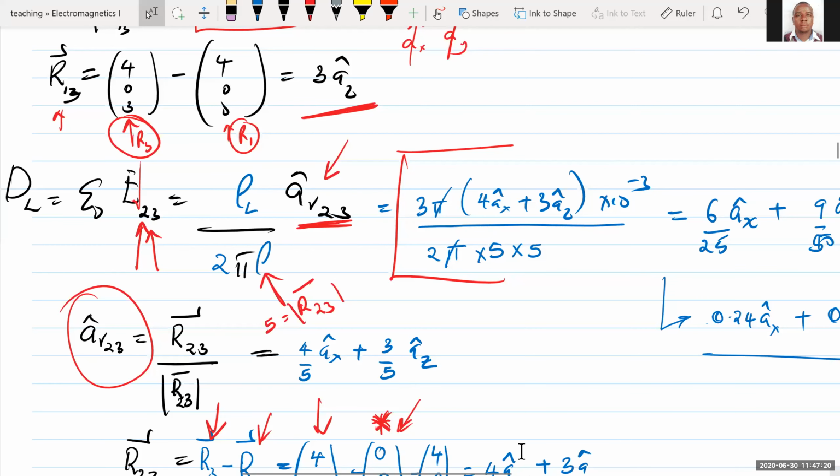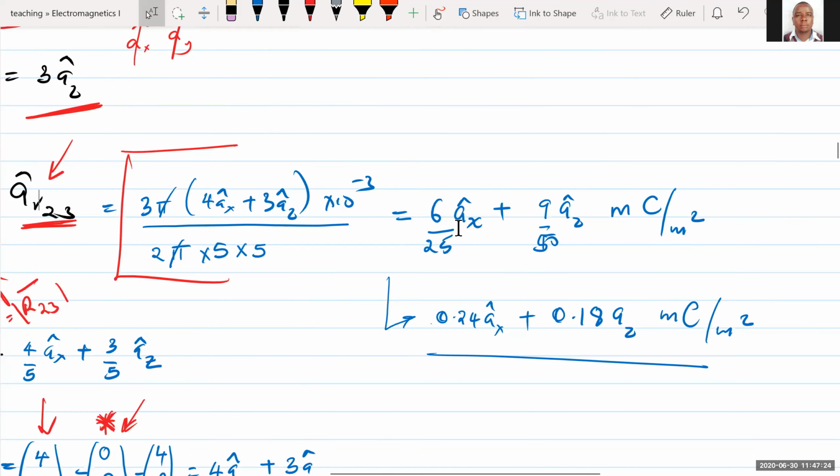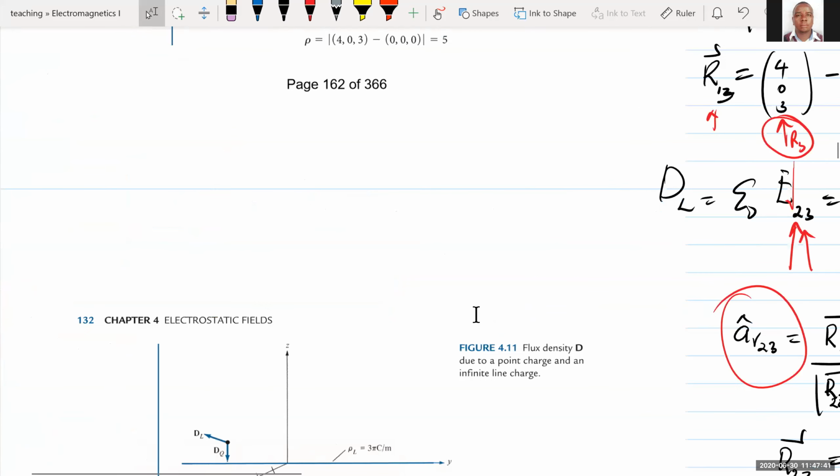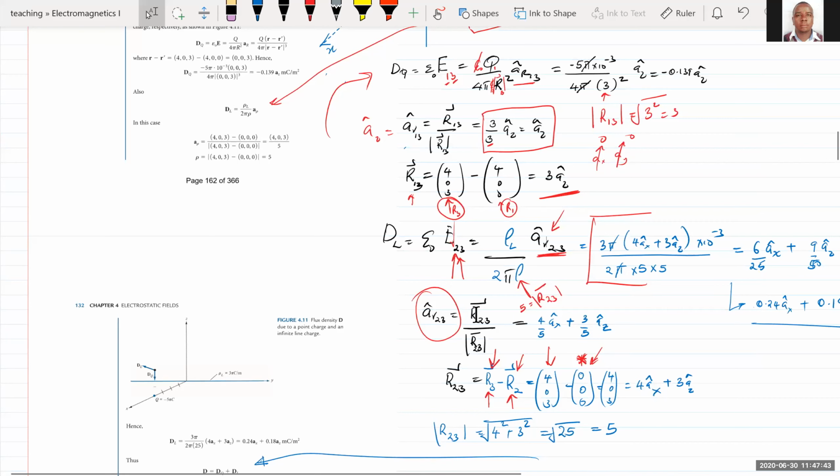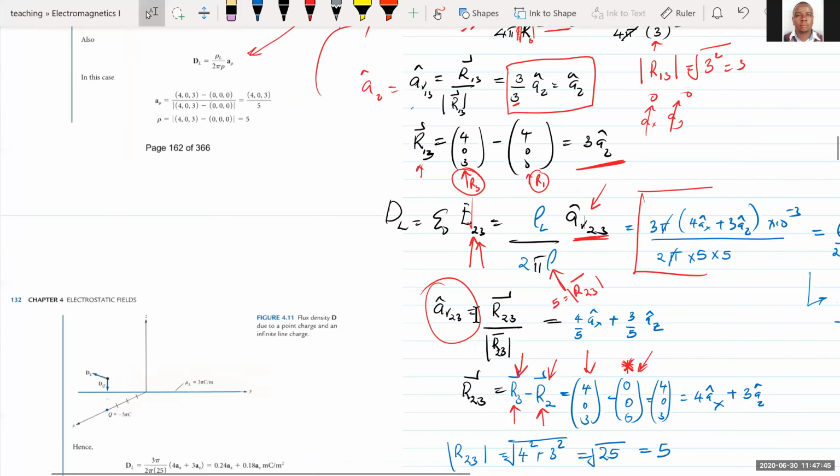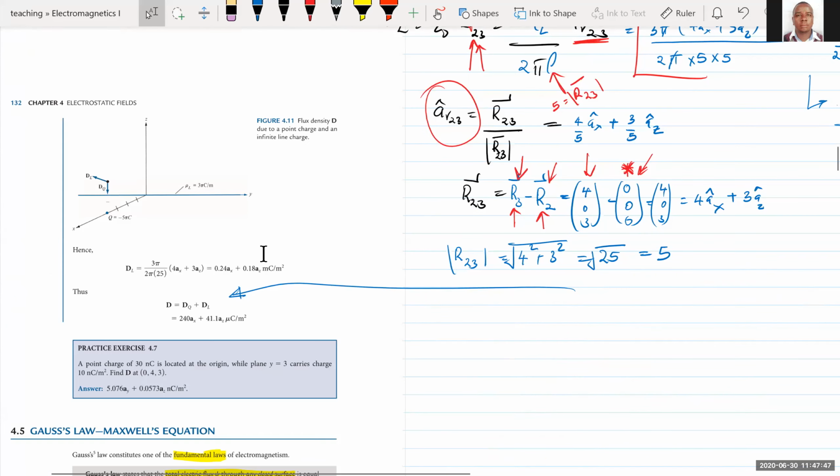Therefore, when you solve that, then things become only mathematical, and we end up with 6 over 25 ax plus 9 over 50 az millicoulombs per meter squared, and this gives you 0.24 ax plus 0.18 az in millicoulombs per meter squared. And when you get that, that is the value for dl. And of course, you can see it is the same value that we found here.